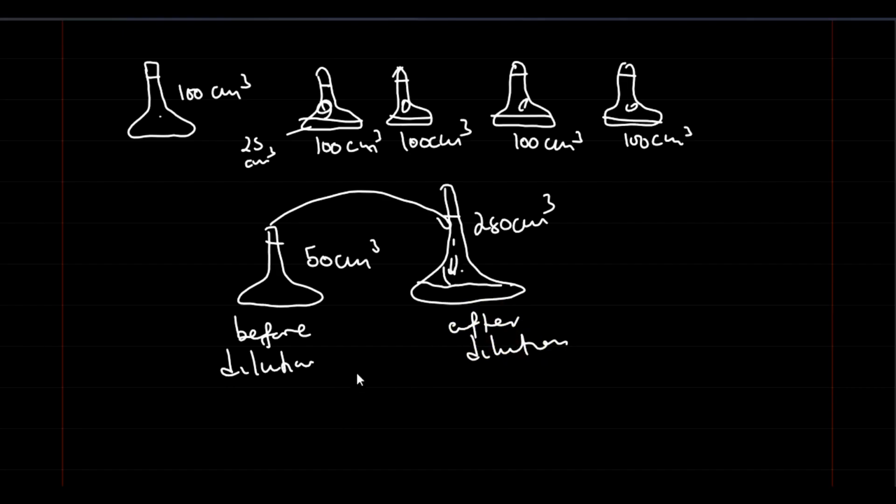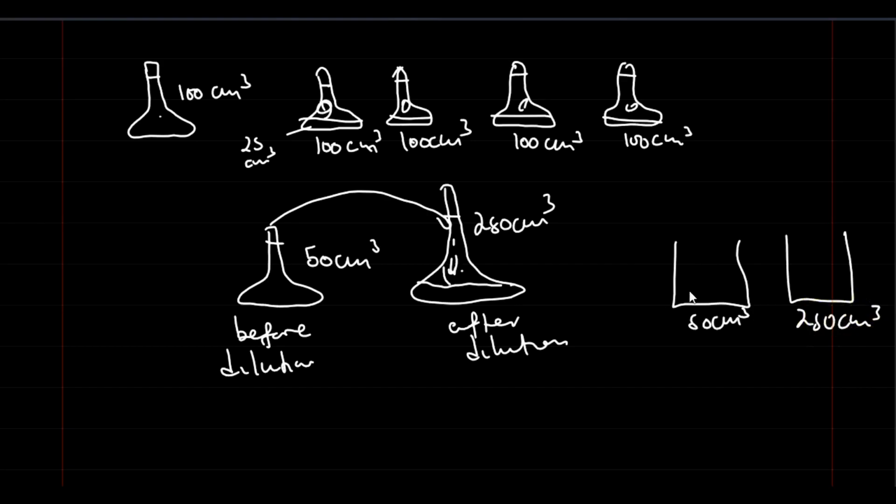Although the volume before and after is not the same, the number of moles is still the same. In volumetric flask one, let's say this is the 50 cubic centimeter flask, and this is the 250 cubic centimeter flask.